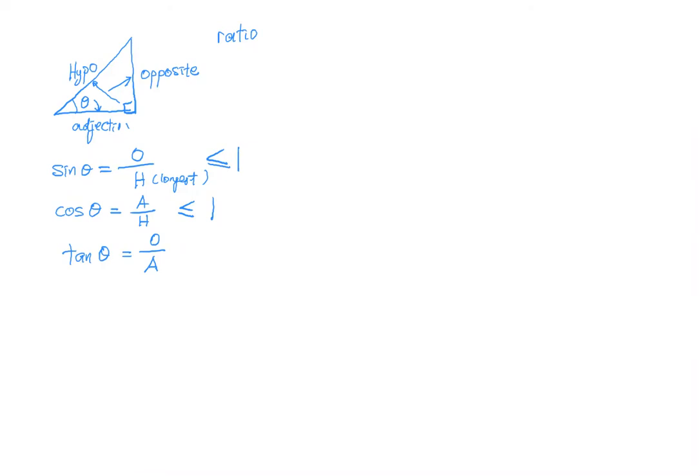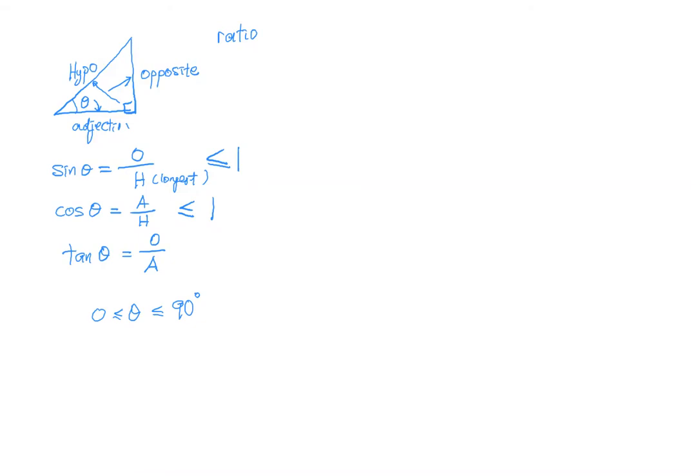Okay, then how am I going to get the other end? For this case, my angle theta in a right angle triangle is only between 0 and 90 degrees, correct? Can an angle theta be more than 90 degrees in a right angle triangle?